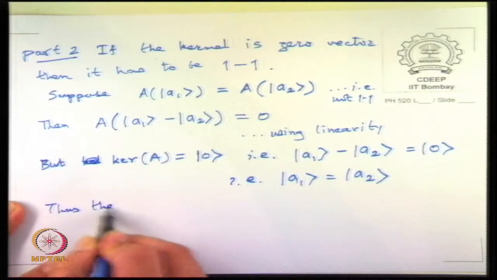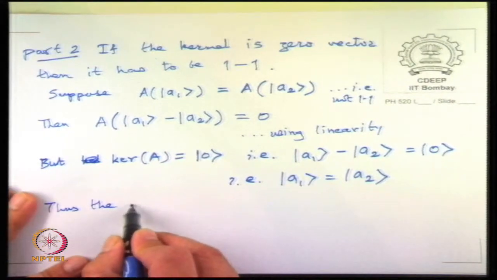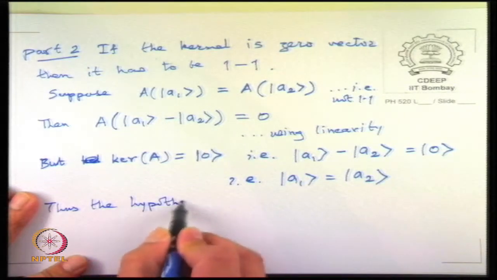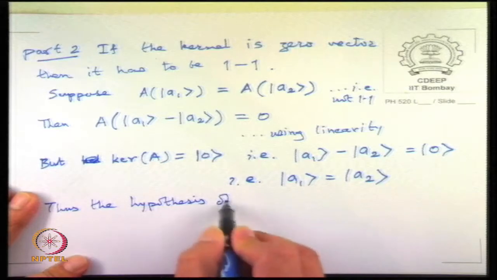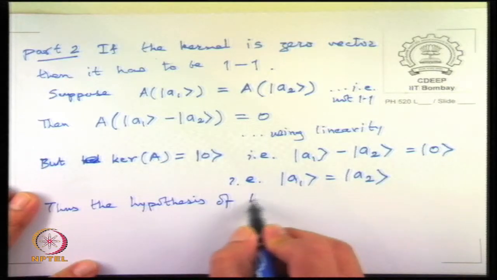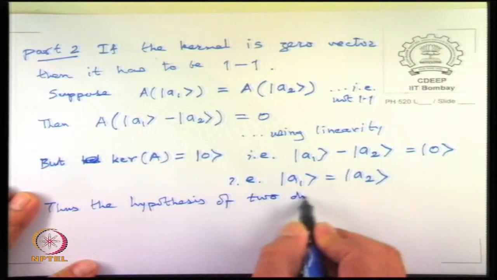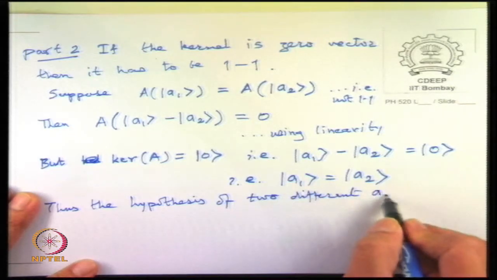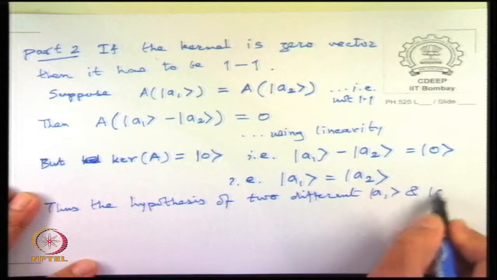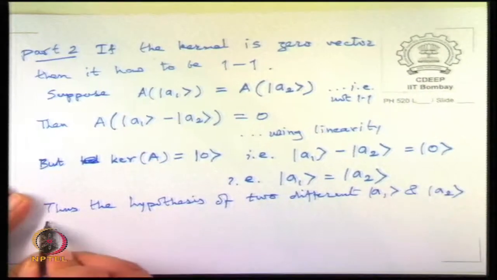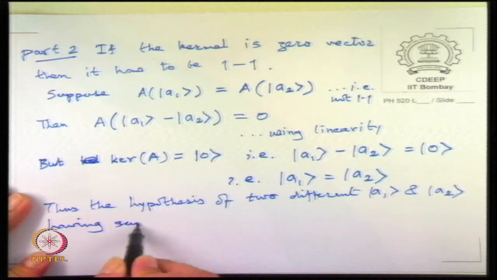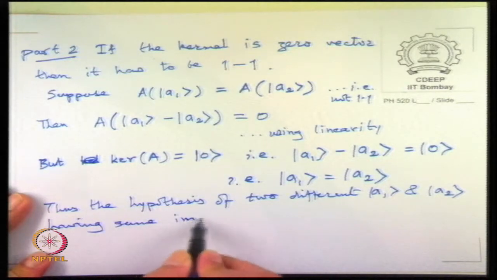I like to write it in English. Thus, the hypothesis of two different A1 and A2 having same image is contradictory.